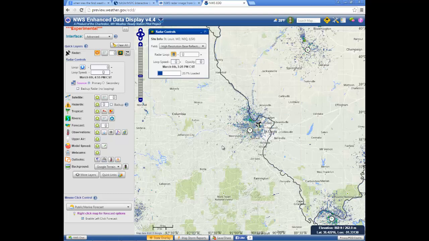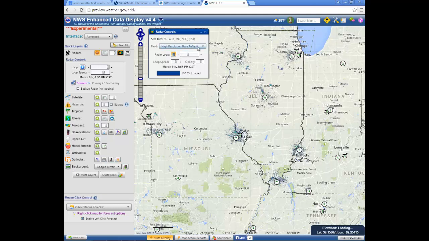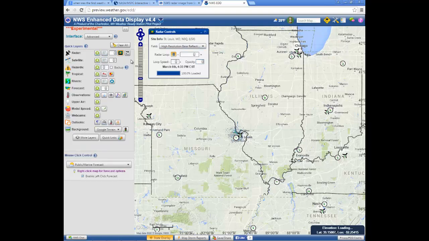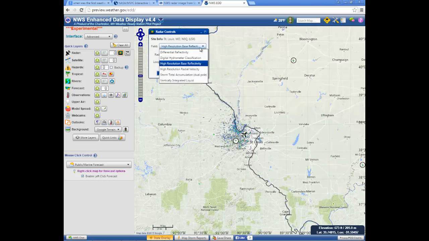I have to say it's not as good as some of the data that you can get online, but it's pretty good. You can loop it and change the opacity of the radar data. Let me turn that off so we only get, there we go. You have several different products, including some dual pole products.